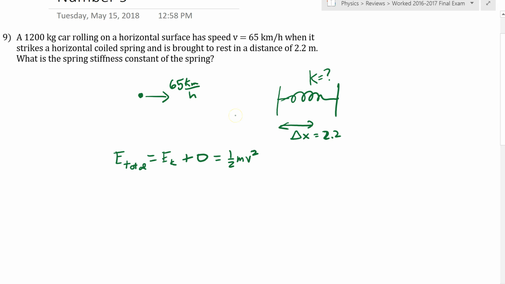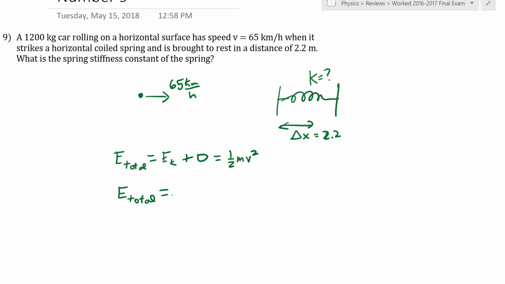After the collision, the total energy will still be the same as it was before the collision. That's conservation of energy. And so this is assuming that no noise or vibrations remove any energy from the situation.